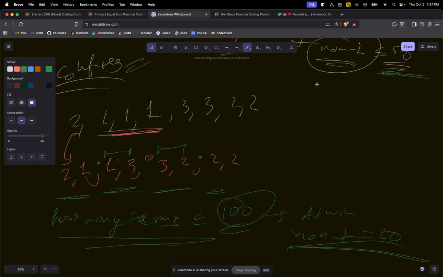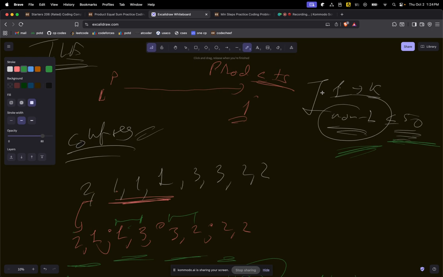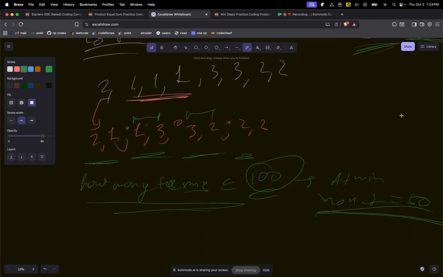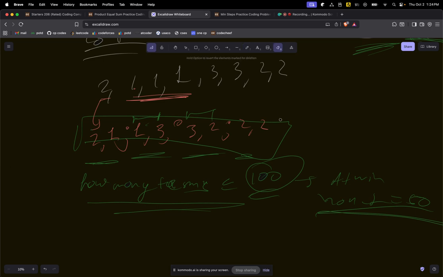That is fine, and that is what we said here, right? One can occur any amount of time, but non-one elements have to occur 50 times. So if you compress this array and now try to solve it, you can actually solve this and not get TLE. So this will pass.